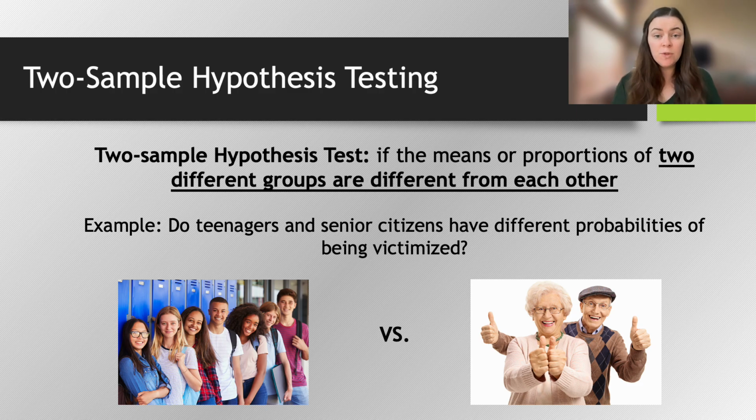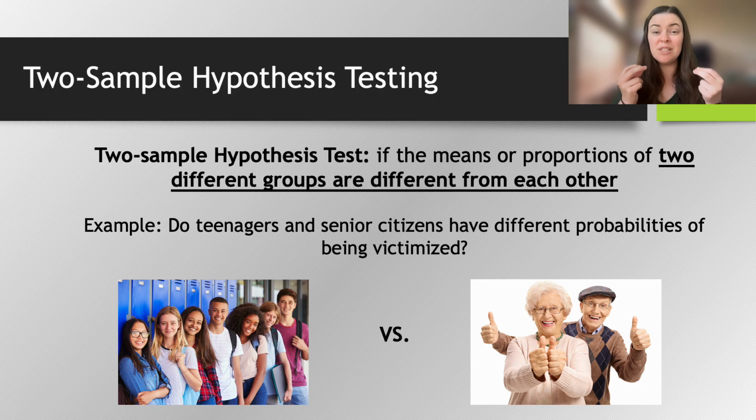So for a two-sample hypothesis test, we're essentially testing if the means or proportions of two different groups are different from each other. So again, shifting away from the idea of group 1 versus a population to now just two distinct groups. An example of a research question that we can keep in mind here is, do teenagers and senior citizens have different probabilities of being victimized, right?